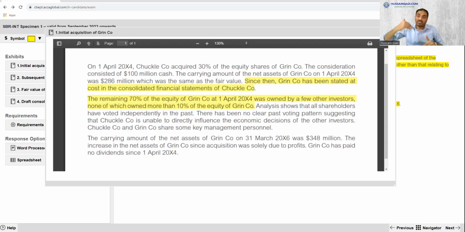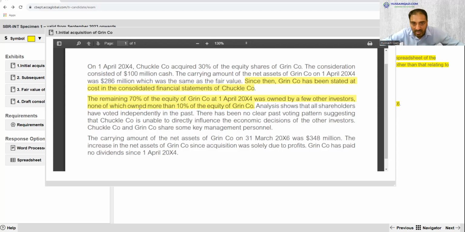if we invest 30%, what about the other shareholders? We need to consider that. So here, the remaining 70% is held by other investors, each owning 10% of the equity of Grin. The question is whether these remaining shareholders are scattered, dispersed.